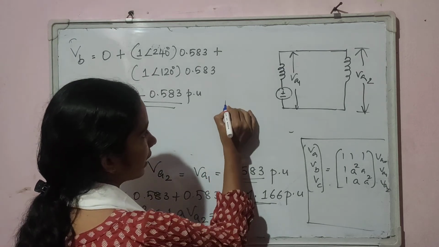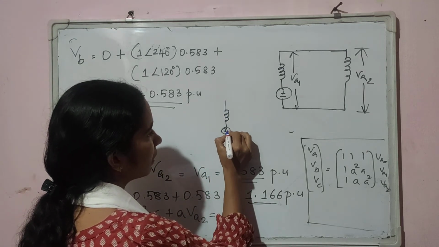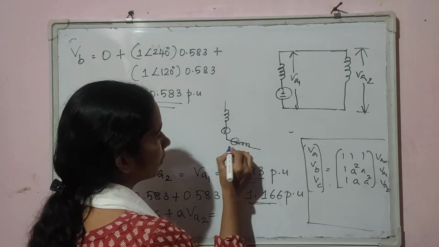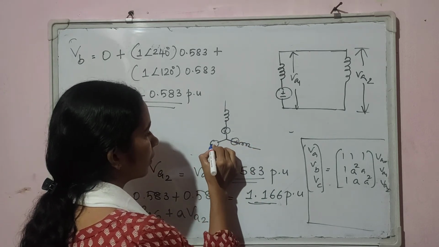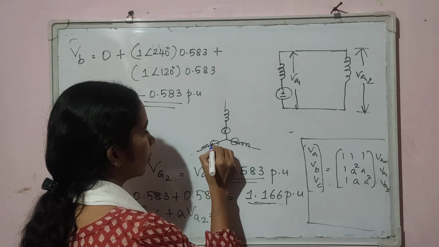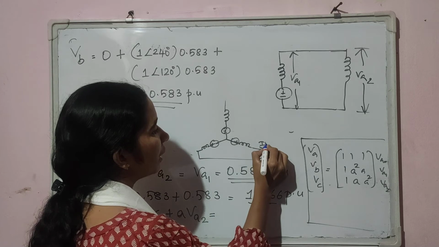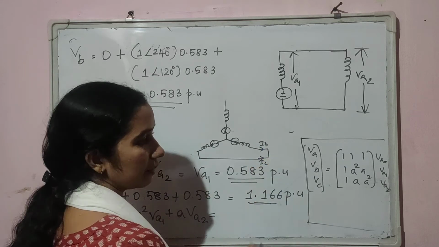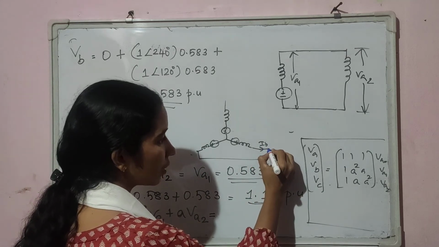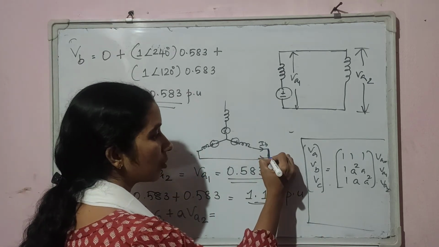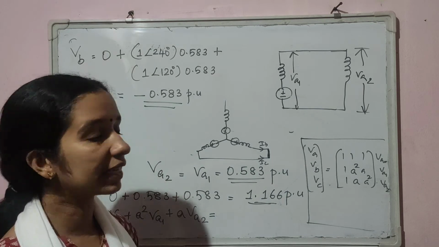Here, let us consider the equivalent diagram of the alternator. So here it is given that this is phase B, IB, this is phase C, IC. So there is a direct short circuit between phase B and C.